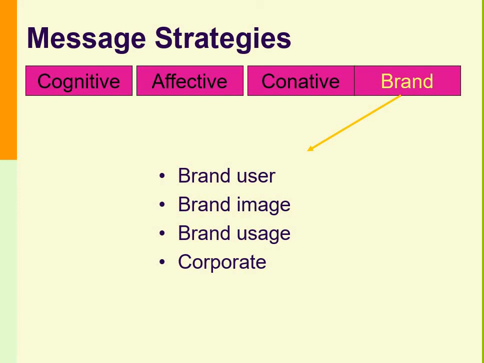Because sometimes you can say that every brand user strategy is a brand image strategy, but every brand image strategy is not a brand user strategy. Sometimes the brand image may be, you can say that this strategy is more focused on creating secondary associations through endorsements and spokesperson.